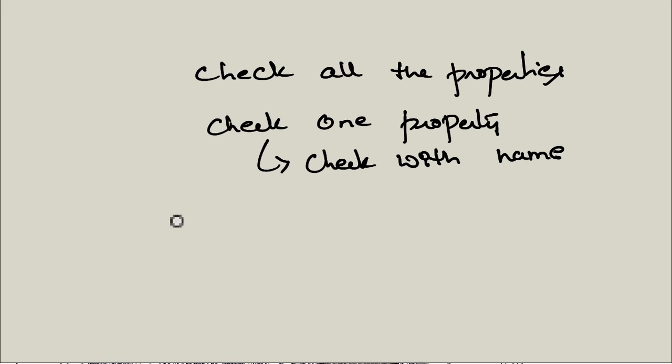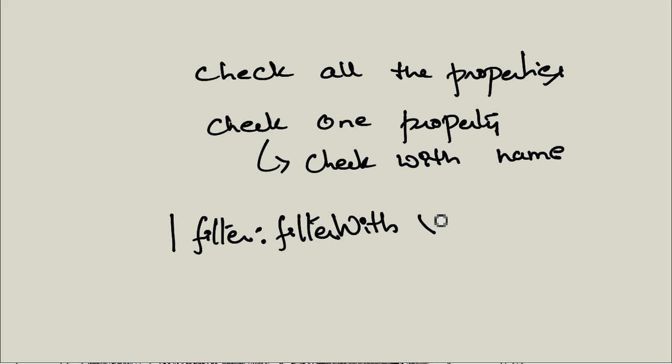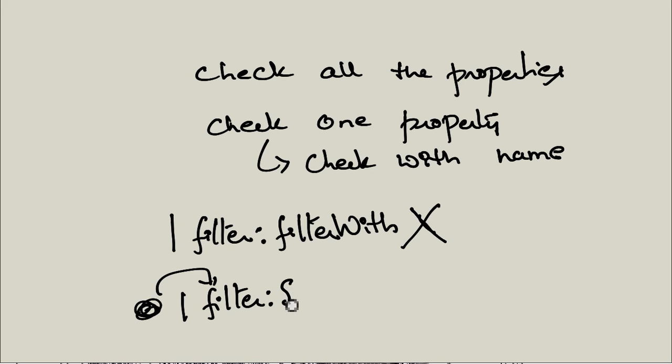When we are applying the filter, we mention the filter with a variable. We were saying this should be filtered with some variable called filter with. Instead of directly giving the variable name, we can say this array should be filtered with an object, and in this object we will mention the property.